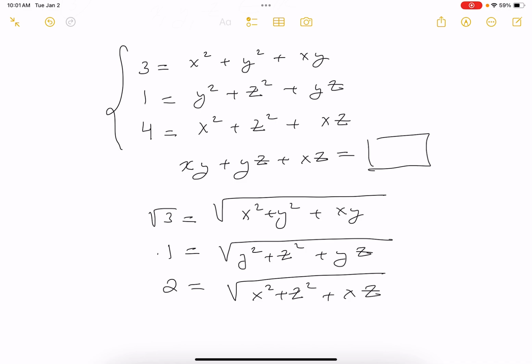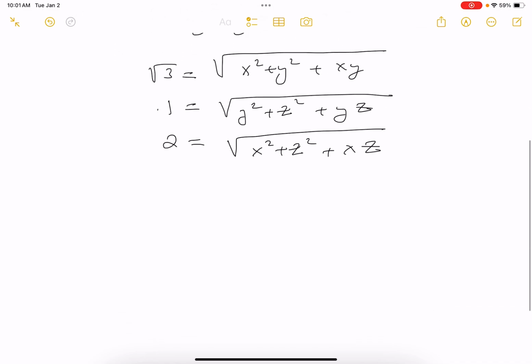All right, I recognize a triangle. Let's put this down: 1, 2, root 3. And this is a 30, 60, 90. So I recognize that. I'm trying to get the relationship between those polynomial equations and this triangle.